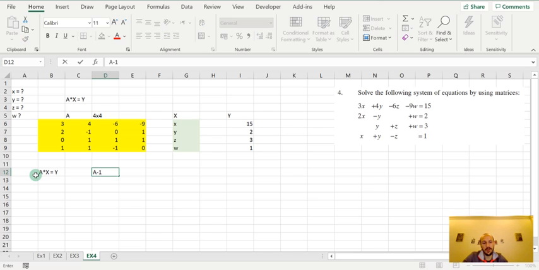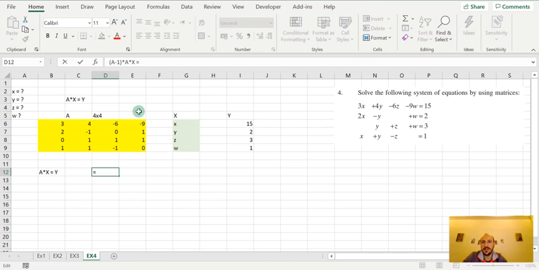So if we multiply A minus 1 by the left side, A times x, we have added A minus 1 to the left side of the equation: A minus 1 times A times x.